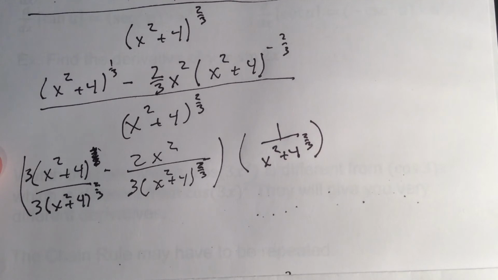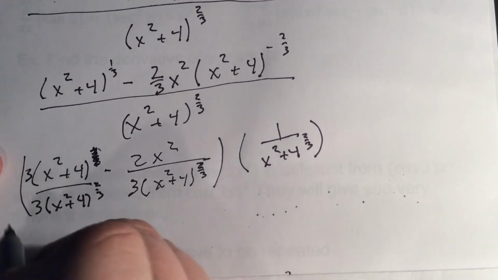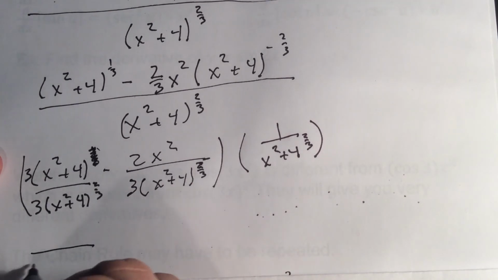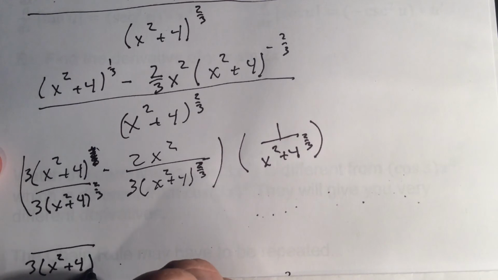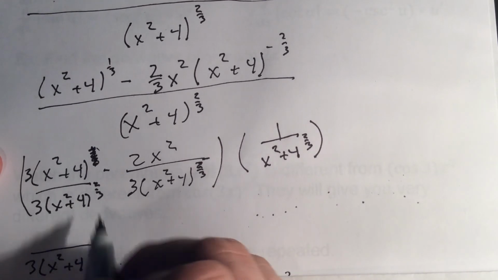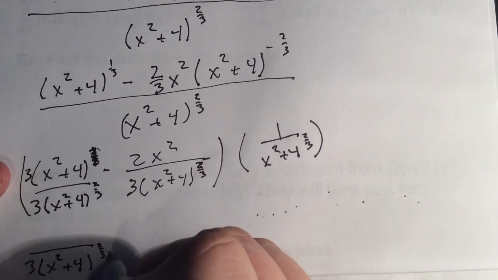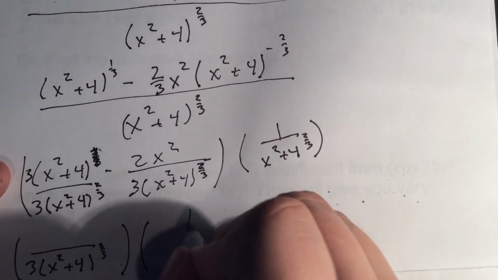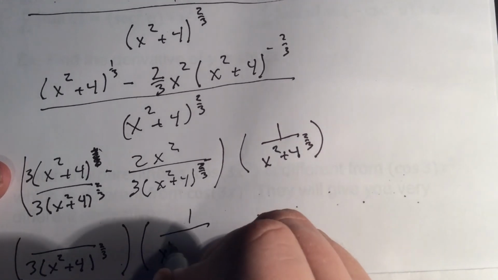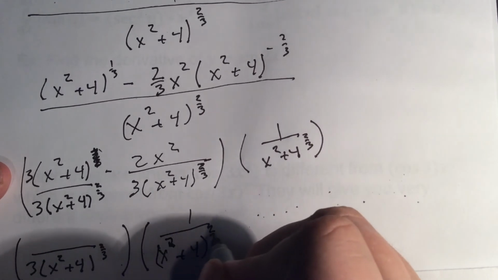So the bottom being the same can become one denominator here of 3 x squared plus 4. Now, I'm going to do the 2/3 here so that we don't get too far ahead of ourselves. And then I throw you off. So the back part is still 1 over x squared plus 4 to the 2/3.